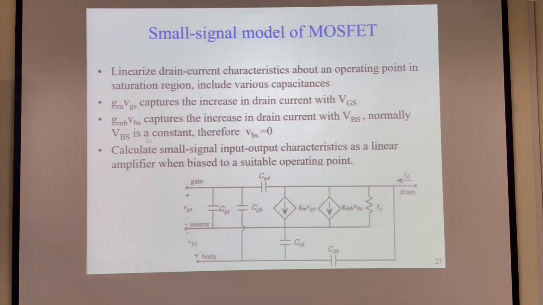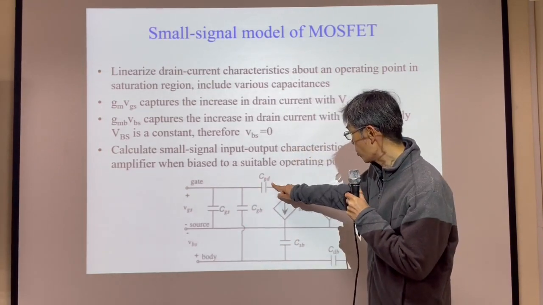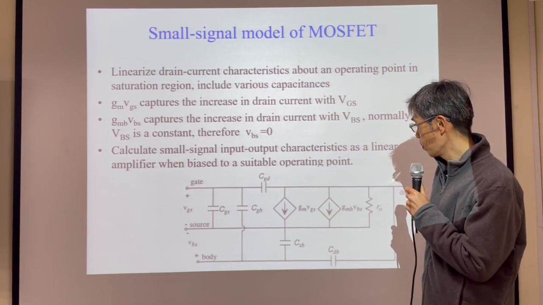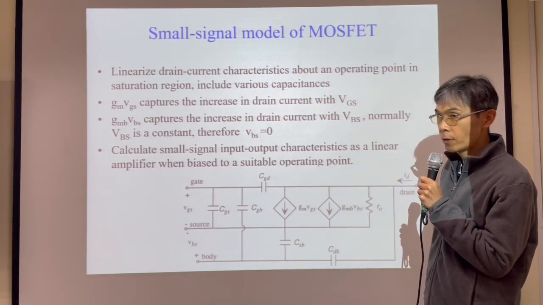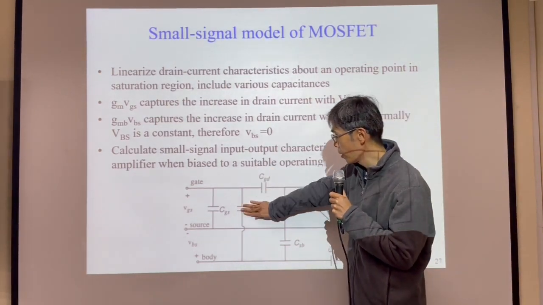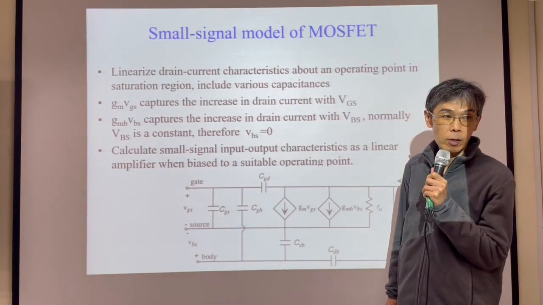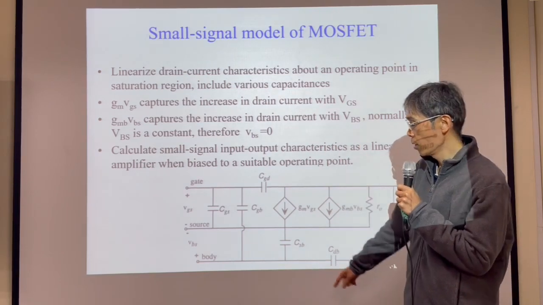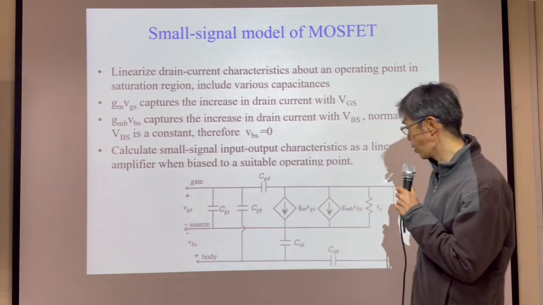Okay, again, gate, drain, we have this one. For the transfer function, we can ignore the length to derive it. You don't need to consider the frequency effect, but you need to consider the frequency. You need to consider those capacitances.